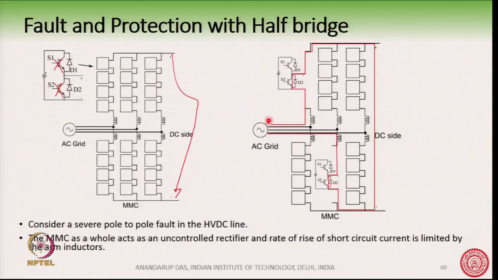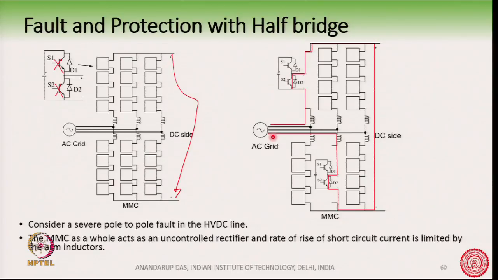Starting from this point, say phase A, you go like this, go through the diodes, come here and go through the short circuit here and come here and go through this diode and go through this inductor and come back here, through the B phase.